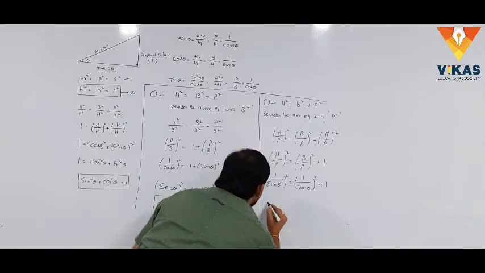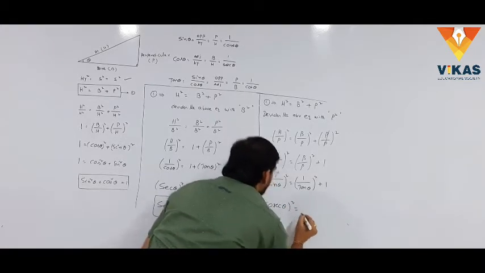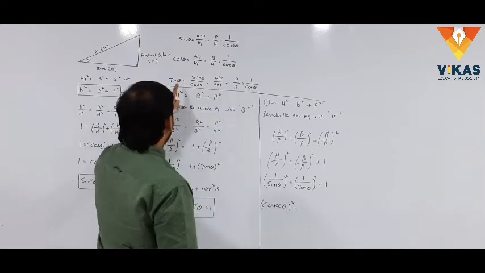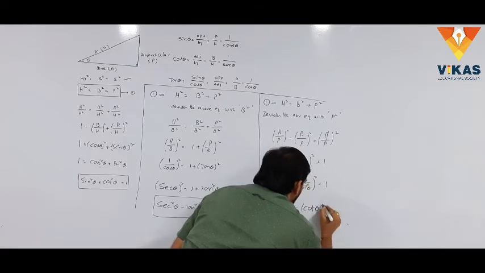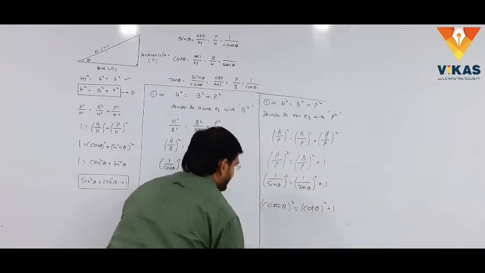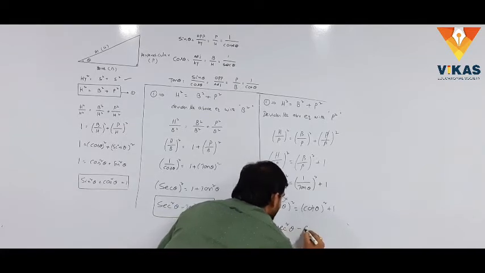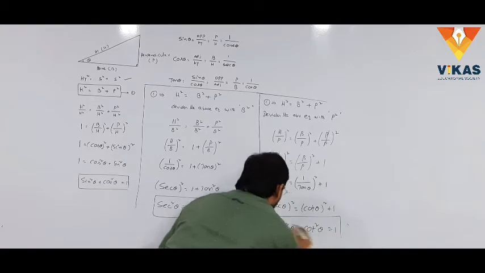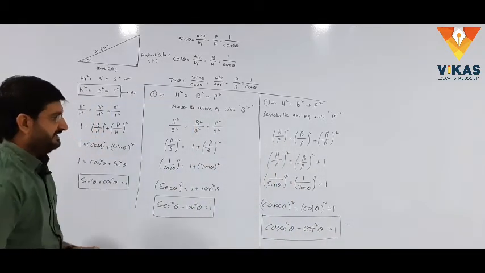Therefore this is cosecant theta whole square equal to cot theta whole square plus 1, where cot theta is 1 by tan theta. It can be written as cosecant square theta minus cot square theta equal to 1. Simply this is the third identity.